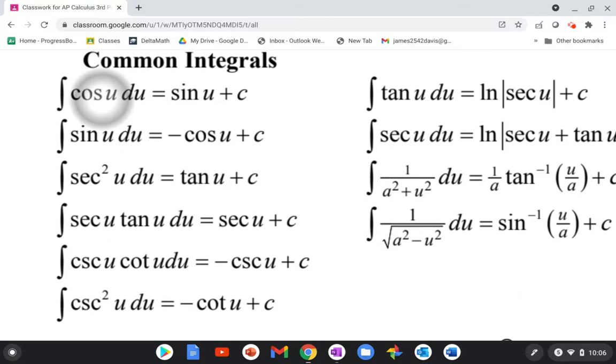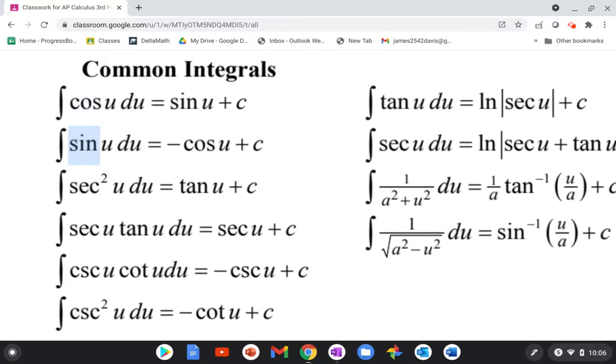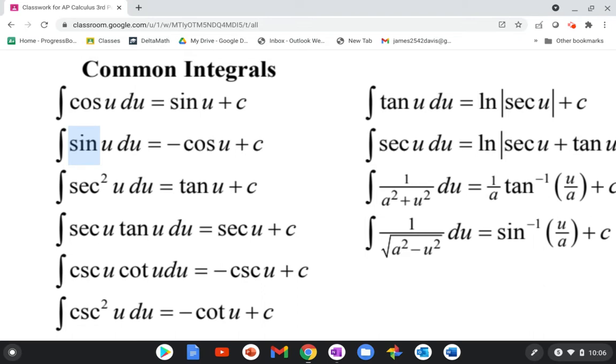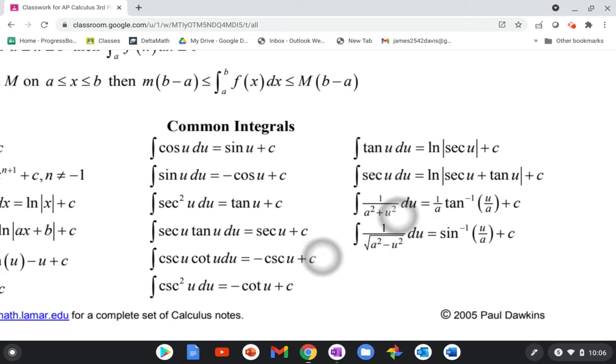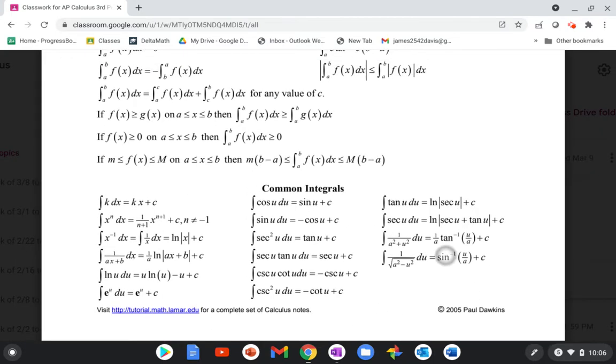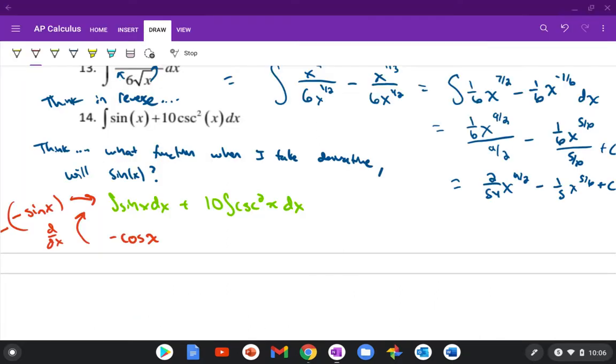Here you'll see the integral of cosine of u is sine of u. The integral of sine of u is minus cosine of u. So it's basically staying the opposite. So if you did want to look up the integral of sine of x, you can see that it is minus cosine of x. But don't get too comfortable using this cheat sheet because you won't have it on the AP exam, but it is there to help you if you need it for right now.